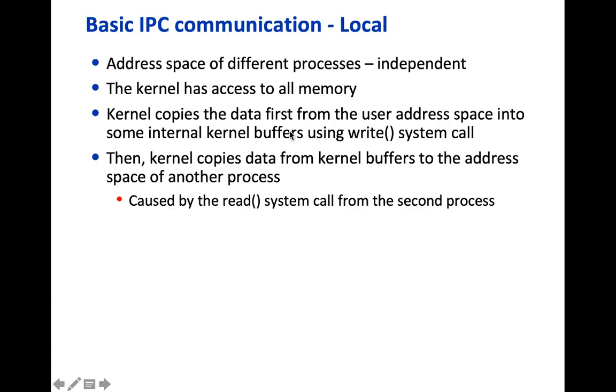Suppose process P1 is sending a message to P2. P1 makes a system call, and as a result the message is copied into the kernel buffer, and from there, if the other process does a read, it goes from that buffer to the other process. This is in general the concept.